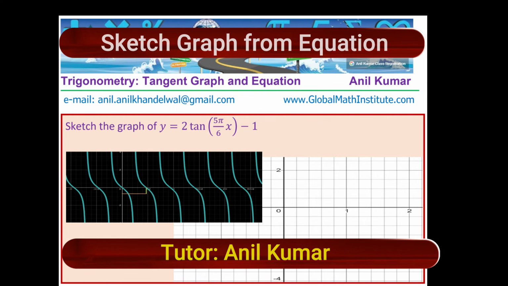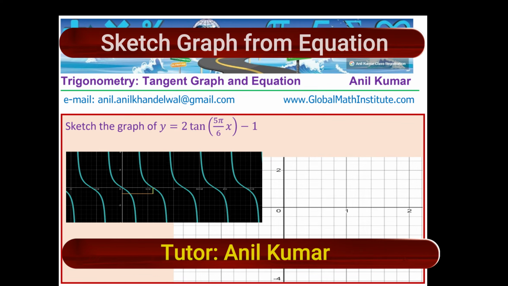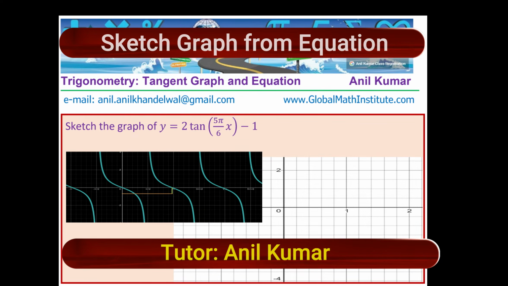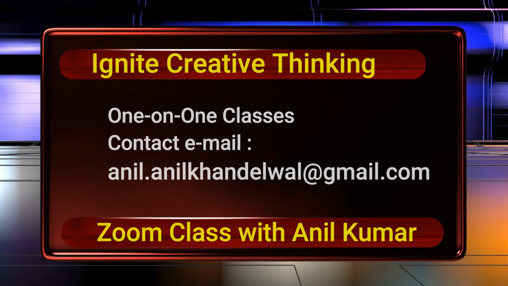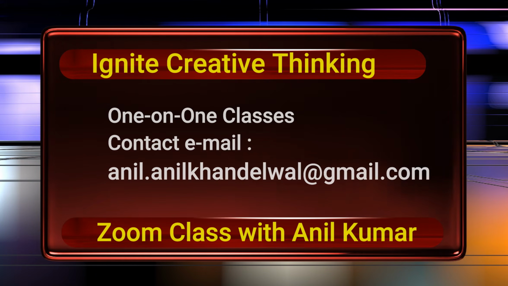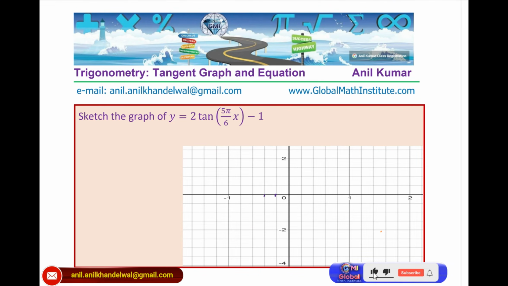Now let us see how do we sketch the function y equals 2 tan (5 pi by 6 x minus 1). In this video, we are going to discuss at length how do we sketch a transformed tangent function.